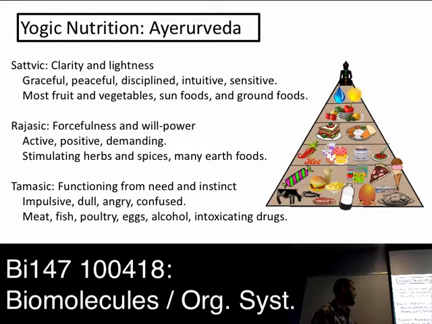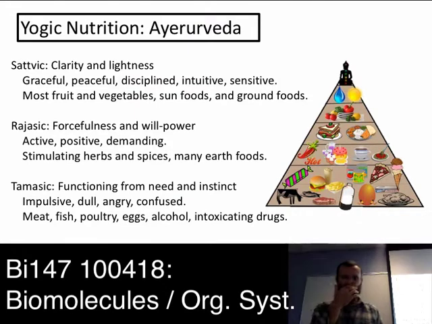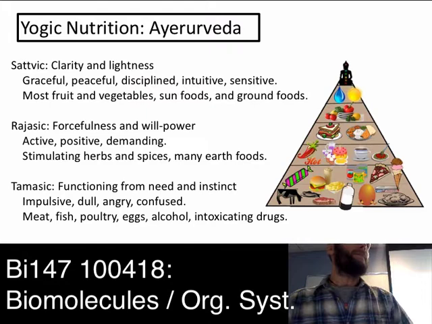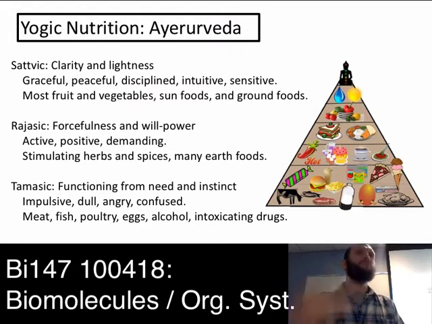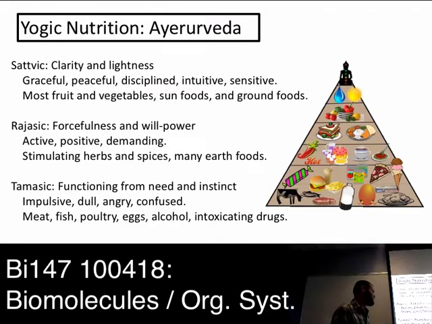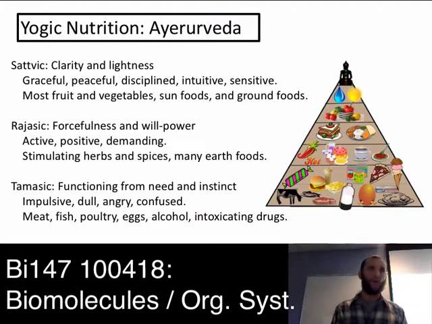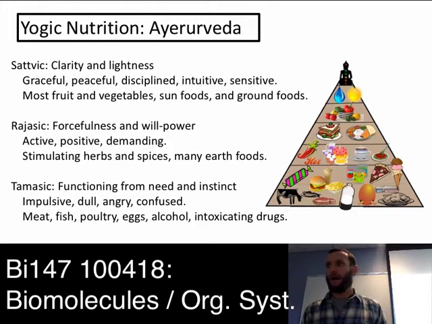So, in Ayurvedic thought, there is, to begin with, tamasic. And tamasic foods are ones that spring from impulse, need, or instinct. So they have these different emotions that are associated: dull, angry, confused, impulsive. These are tamasic foods that inspire or are inspired by these foods.